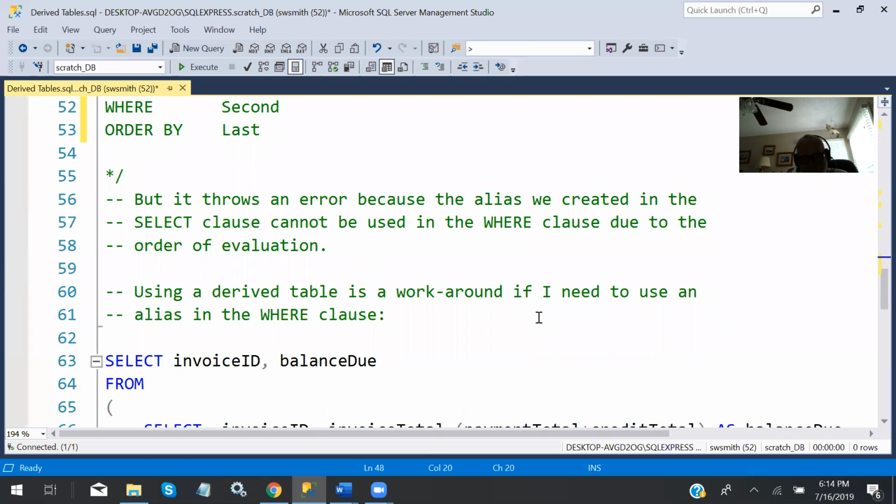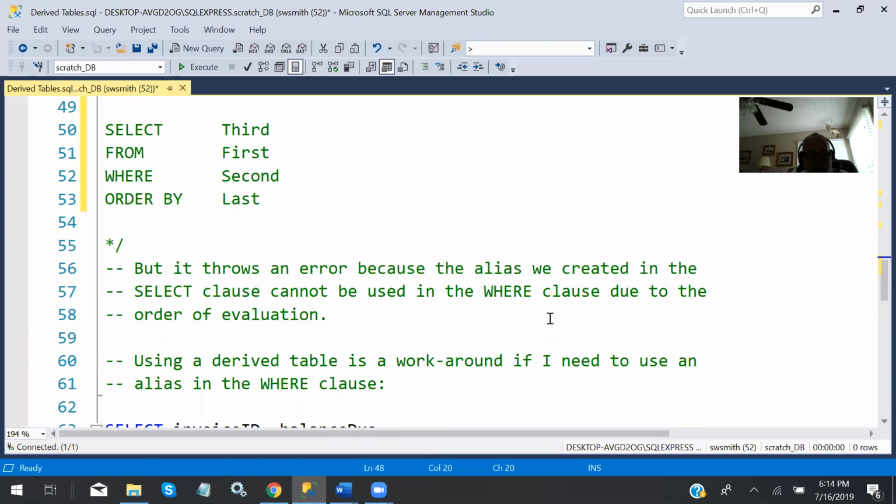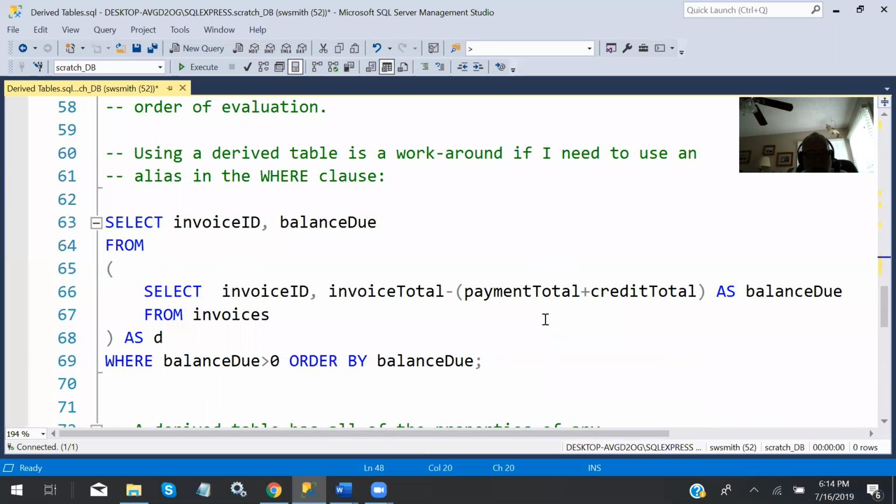Here is a workaround to it. Now, I don't know whether this is of any great use to you or not, but I can use balance due in the where line if I create it in a derived query. For example, this particular one selects invoice ID, invoice total as balance due.